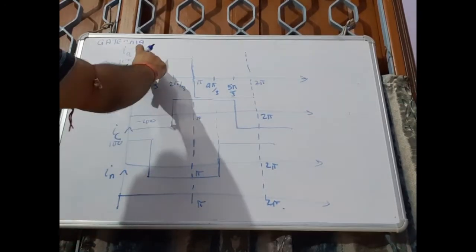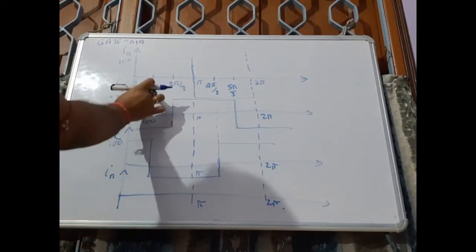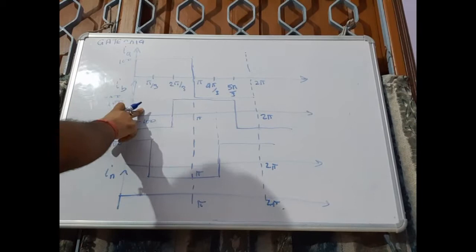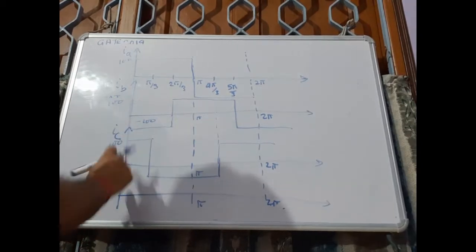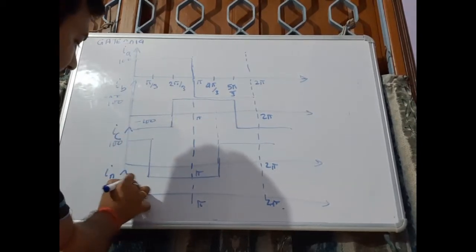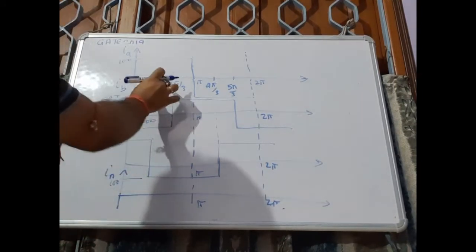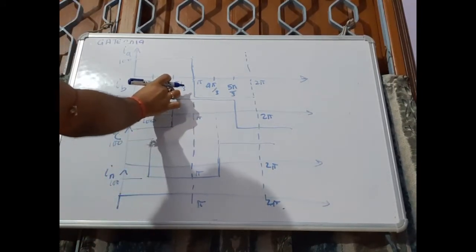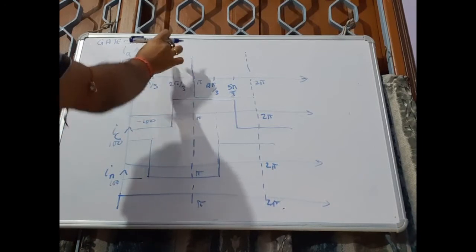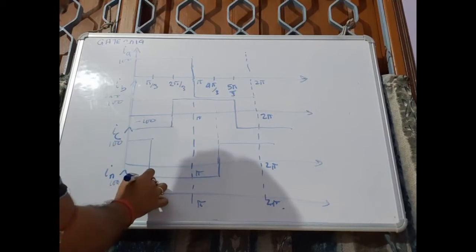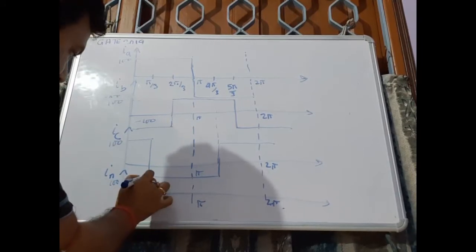So from 0 to pi by 3 we have plus 100 minus 100 plus 100, which means plus 100. From pi by 3 to 2 pi by 3, plus 100 minus 100 minus 100, we have minus 100 here.